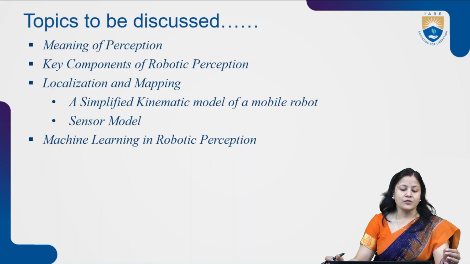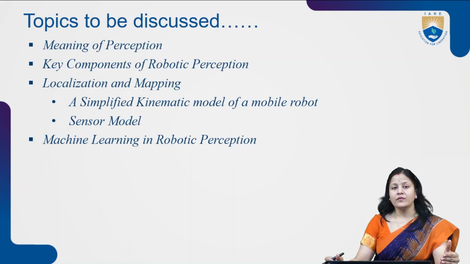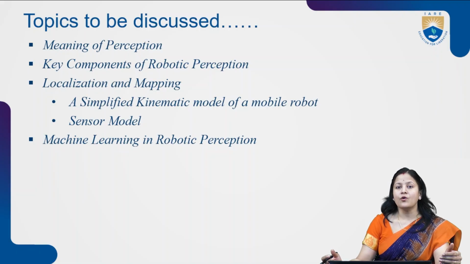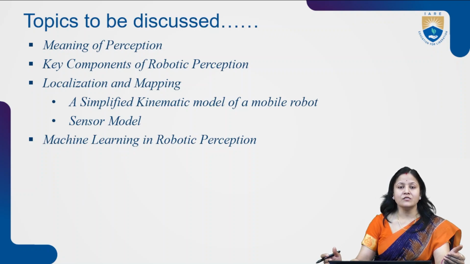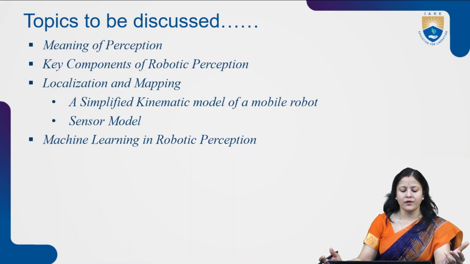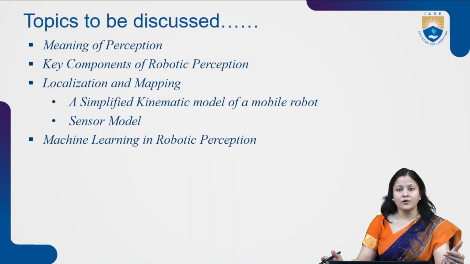So these are the topics to be discussed in this video lecture. First, we'll understand the meaning of perception. Then the key components of robotic perception. Then we'll discuss the meaning of localization and mapping. In this, I'll discuss two important techniques, which are also given in Peter Norvig's book; you can refer to it: a simplified kinematic model of a mobile robot and a sensor model.